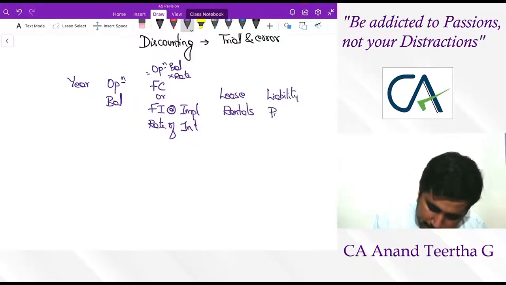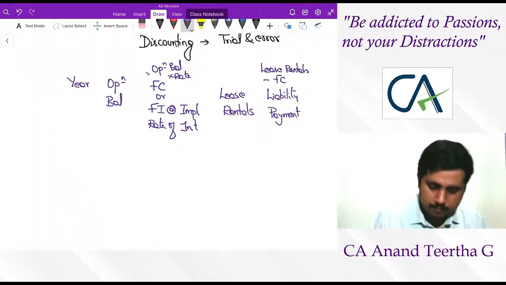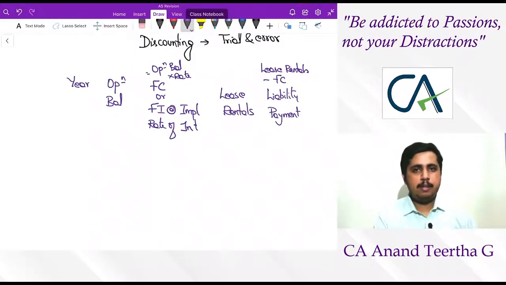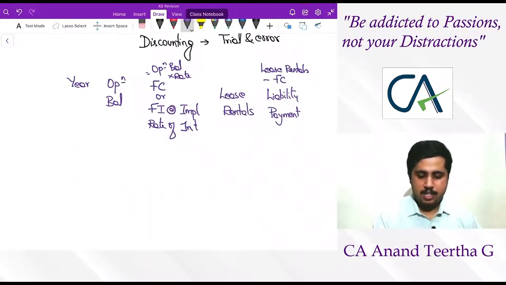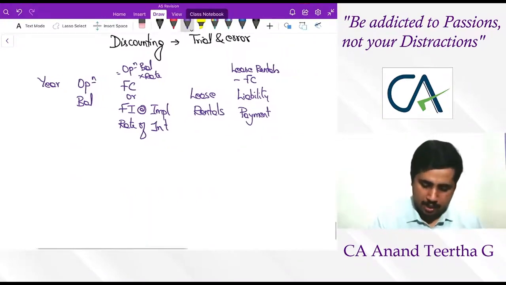So what is liability payment? Basically, liability payment is lease rentals minus finance charge. As I have told you, the lease rentals are paid for both finance charge as well as liability. So lease rentals minus finance charge will give you the liability payment.